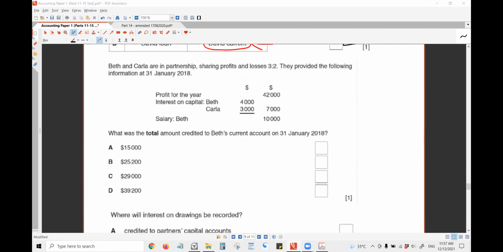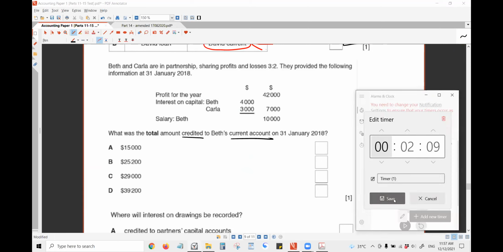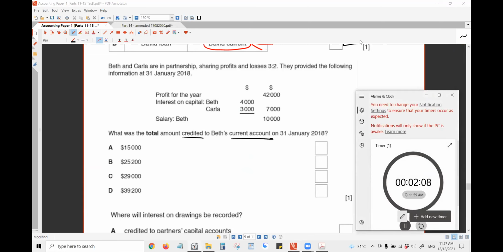Again, current account. They ask you how much in total to be credited to Beth's current account. Now I would like you to try. So 2 minutes again, then I discuss. Tell me your answer in the chat box.